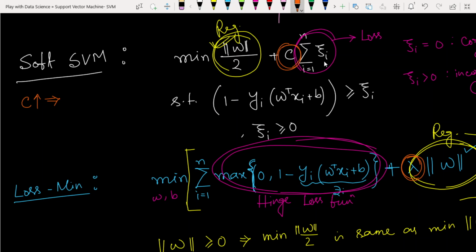This means our model is going to overfit. If we decrease the value of C, we give less importance to the misclassified points, so in such cases our model will go to underfit.